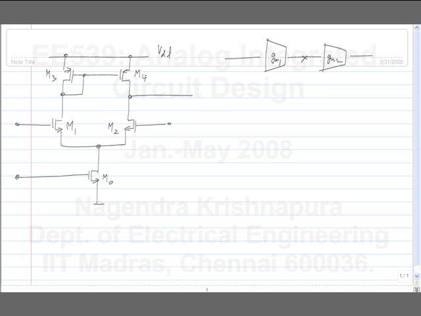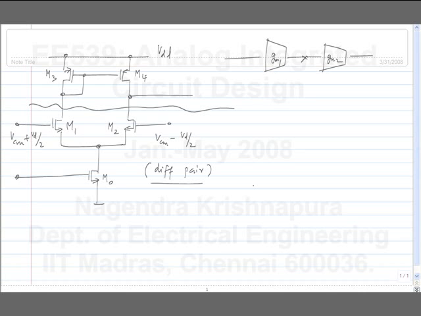First of all, let's analyze this a little more. I have the differential pair which takes in the differential voltage and gives me some current variation. The current in the 2 drain branches here and here are I0 by 2 in quiescent condition, but they have some plus and minus variation when you apply a differential input.